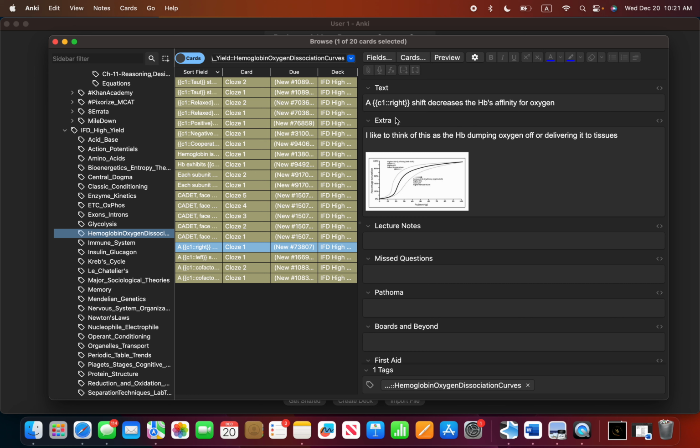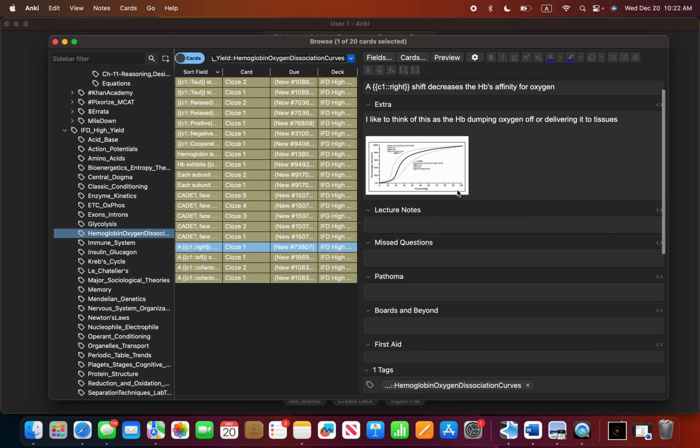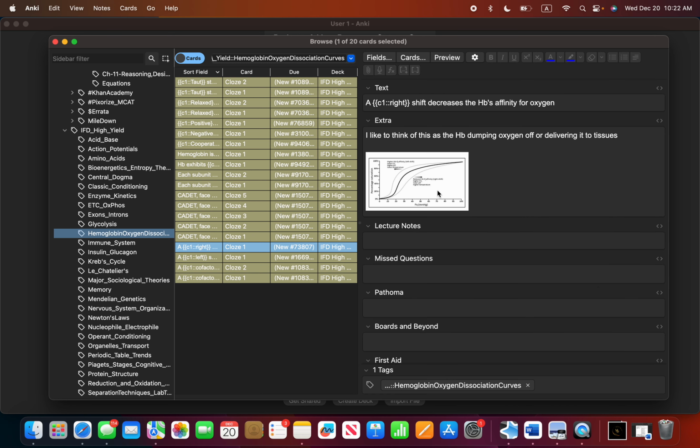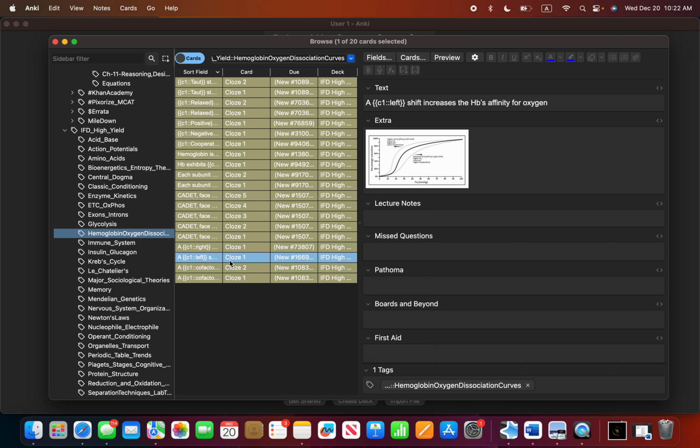Now here we have that a right shift decreases the hemoglobin's affinity for oxygen. I like to think of this as the hemoglobin, HB, dumping oxygen off or delivering it to tissues. Okay. A left shift increases the HB's affinity for oxygen.